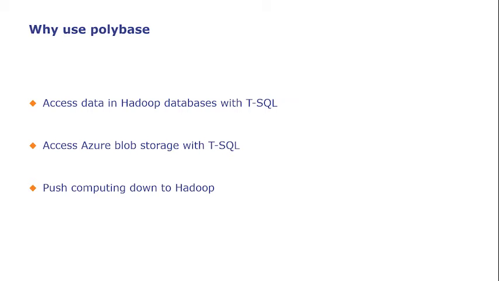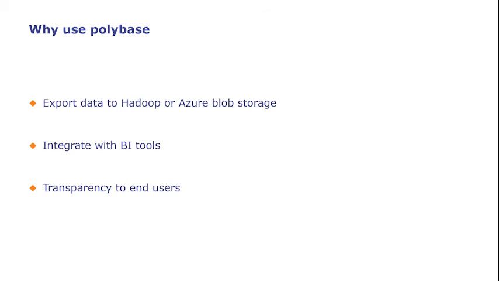But now you can just push that computing down to Hadoop, and Hadoop will present the results through Polybase, and it will give you the result through the SQL Server database. So your SQL Server will not be processing the data, Hadoop will be doing that, and Hadoop is very strong in processing a lot of unstructured large data, your big data, and pushing that to SQL Server, so this will be a lot faster.